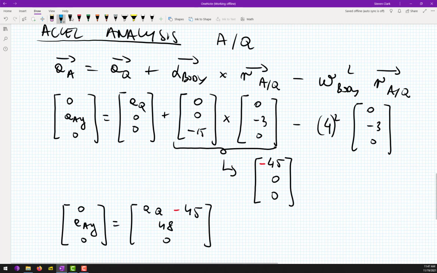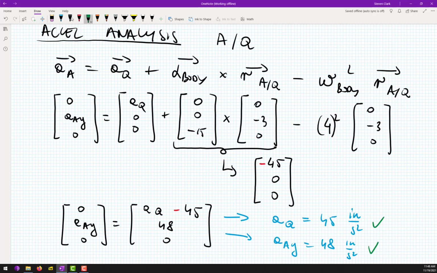Great. So we already see exactly what Josh and Tom said. a_Q is 45 inches per second squared, and this is 48. Ah, yeah, okay. My mistake from the beginning. 48 inches per second squared.